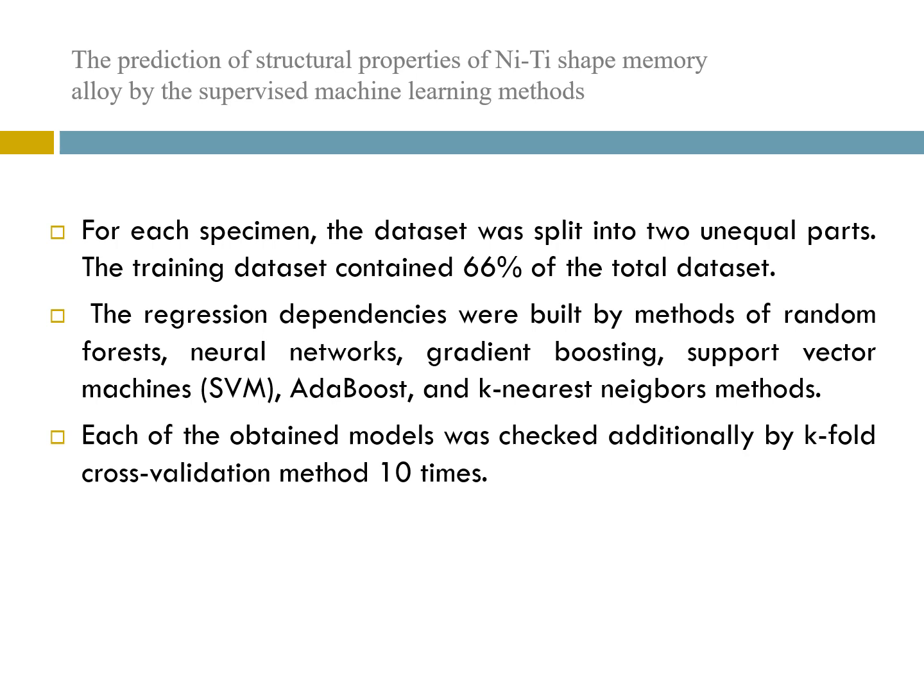The regression dependencies were built by methods of random forests, neural networks, gradient boosting, support vector machines, OSVM, AdaBoost, and k-nearest neighbors methods. Each of the obtained models was checked additionally by k-fold cross-validation method 10 times.